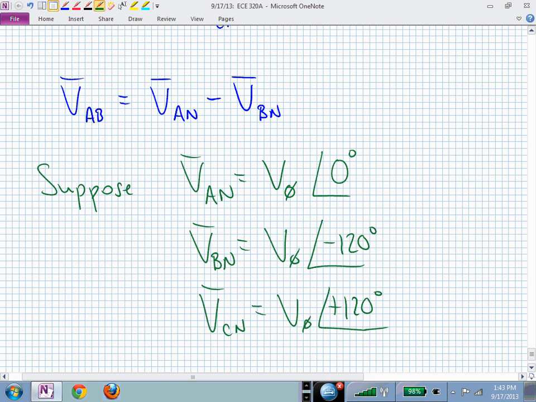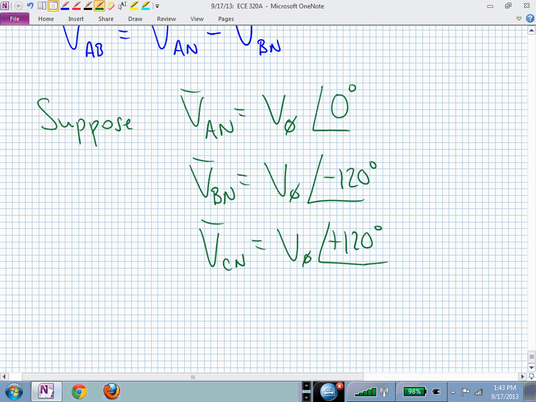But now let's just use that parameterized form for our phase voltages in this expression for VAB and see how that's related to the magnitudes and the angles of this phase voltage. Meaning we can now say that VAB is now V sub phi at 0 degrees minus V sub phi at minus 120 degrees.